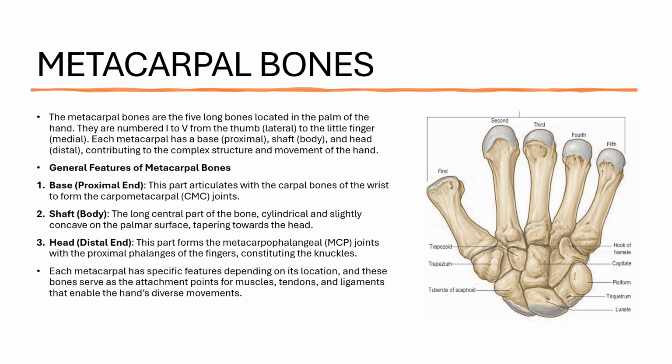When we talk about the anatomy of the metacarpal bone, we find it has three landmarks: the base, shaft and head. The base lies at the proximal end and articulates with the carpal bones of the wrist to form the carpometacarpal, or CMC, joint.